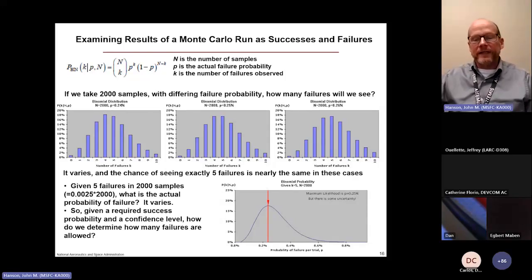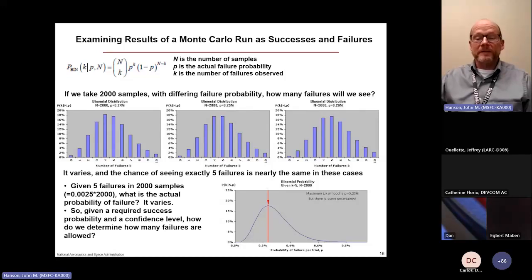And at the lower right-hand graph, we've got the likelihood of failure per trial, which is the actual likelihood. And then the probability distribution is on the y-axis.